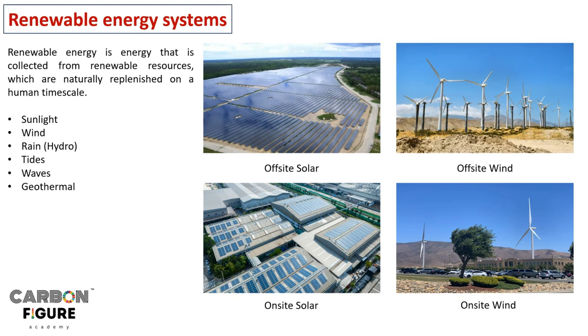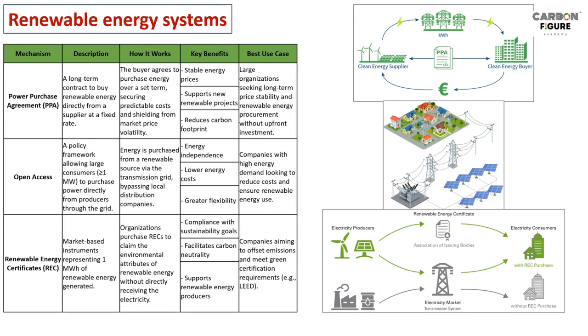On your own rooftop means it is on-site, but if you are getting it from a differently located solar park with the help of dedicated supply lines or general grid lines, then it will be off-site solar, right?